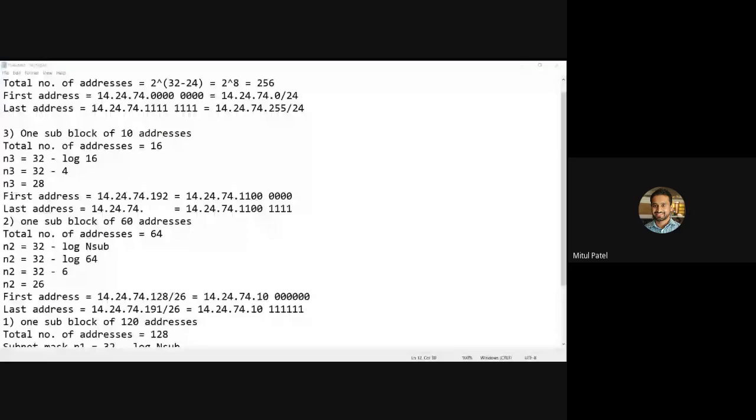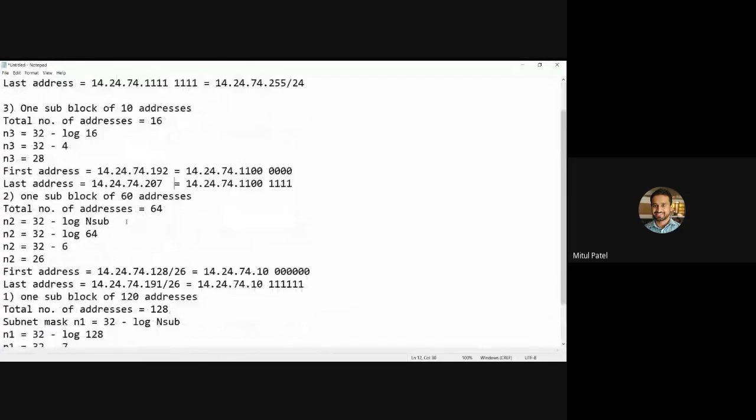What will the decimal value be? So the decimal value is 207. So the last address of the third subblock is 14.24.74.207. By that way we can allocate the 3 blocks of addresses.